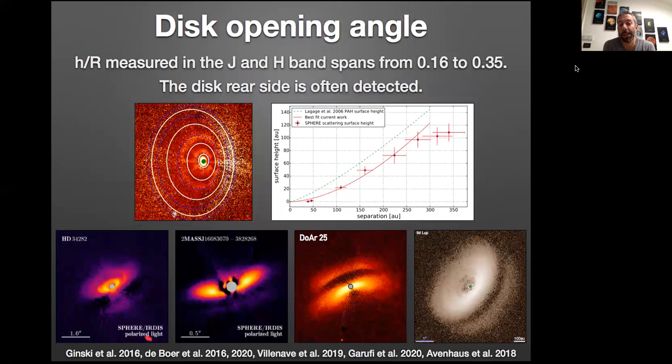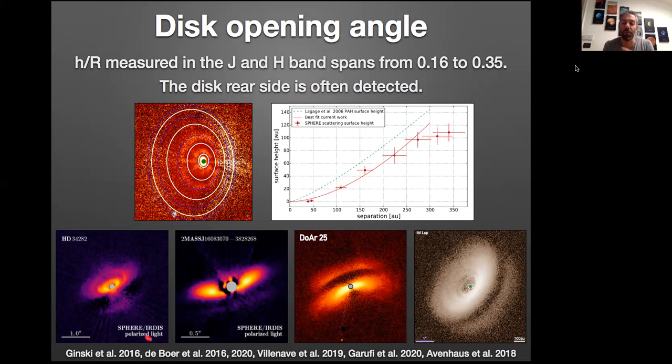We have also obtained a number of pieces of information about the structure of disks. A typical example is to constrain the disk opening angle in this object, since we really trace the surface of the disk in near-infrared scattered light. And we can see here that the scattering grains that we trace are at smaller height than the polycyclic aromatic hydrocarbons.